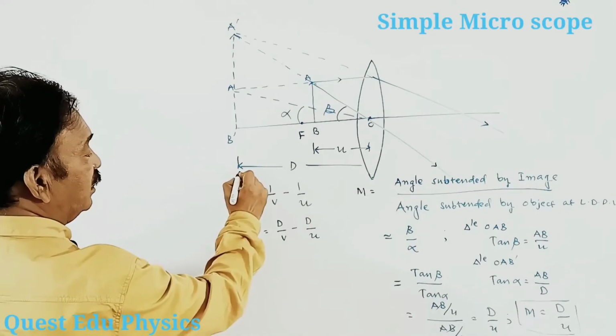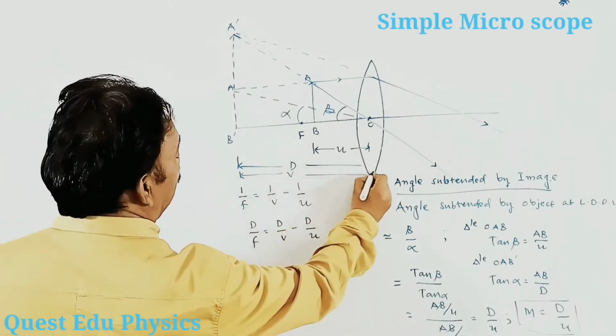Here V is the image distance, students. The image is formed here.